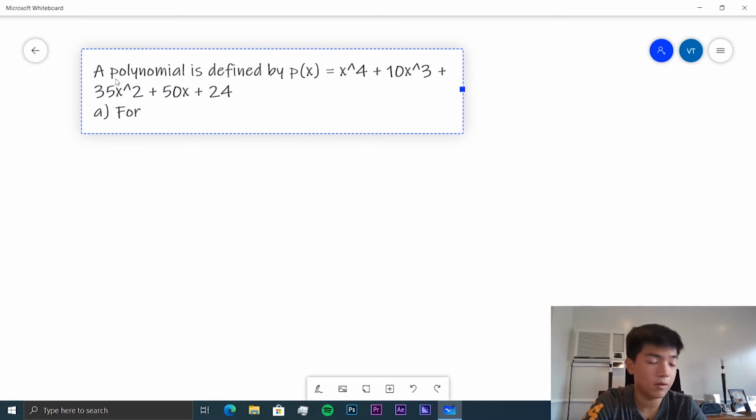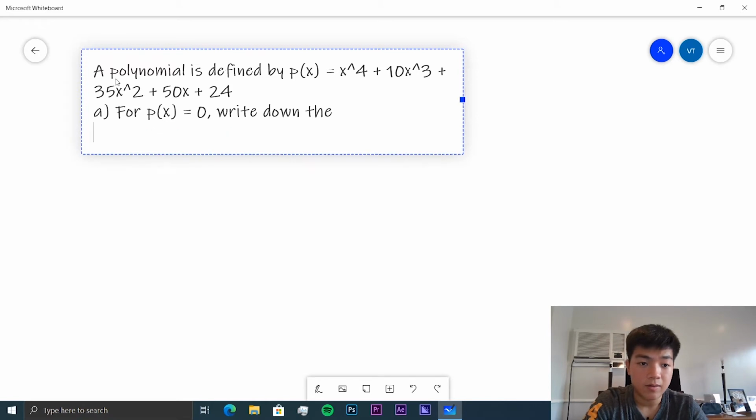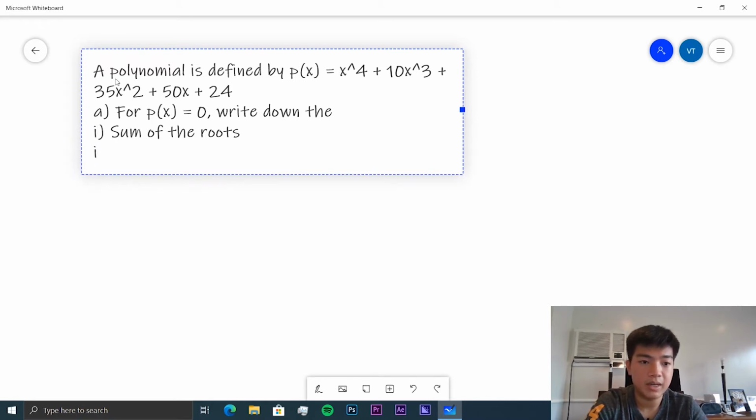So first, for p of x is equal to 0, write down the sum of the roots, and next the product of the roots.